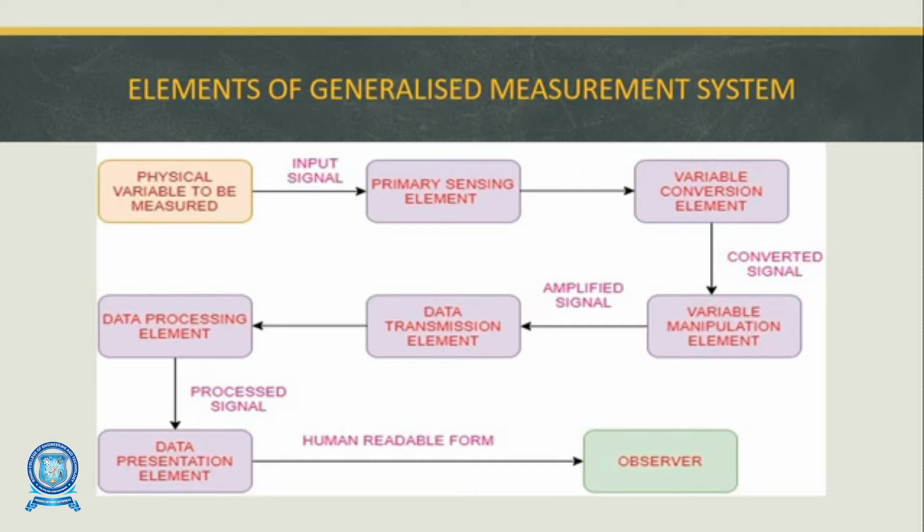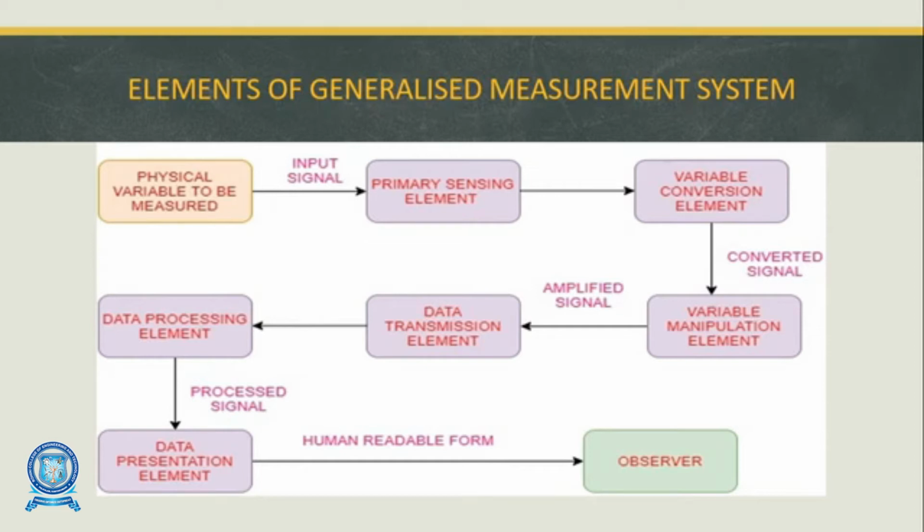Here, what is the use of this generalized measurement system? This elements of generalized measurement system is normally used to find out the measurement for the particular element or any object.